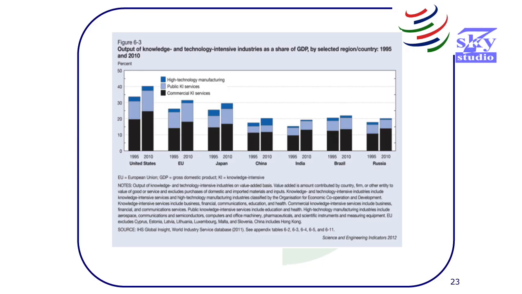And this is the output of knowledge and technology intensive industries as share of GDP. And we see that if we compare the figures from 1995 to 2010, unfortunately I don't have the 2015 figures yet, you see that there's a big increase in commercial knowledge intensive services in Russia, but a decrease in high technology manufacturing. Interesting.